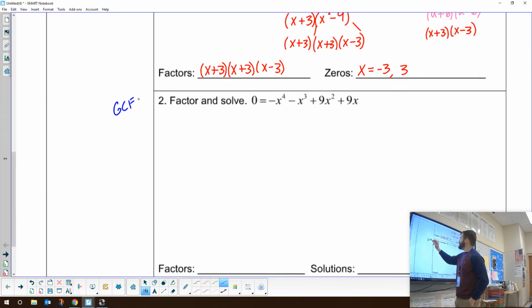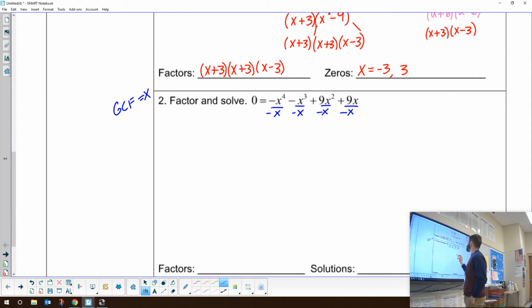My GCF is going to be, well, we don't want that negative in front, so we need to pull out that negative. But each one of these also has an x, with the lowest one just having 1. So I can pull out an x. So we're going to divide each one of these by x. And we're going to make it a negative to pull out that negative in front.